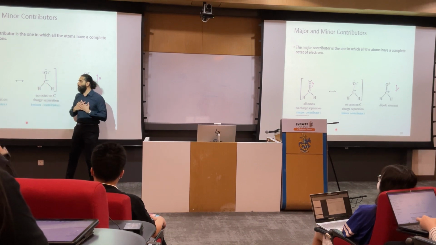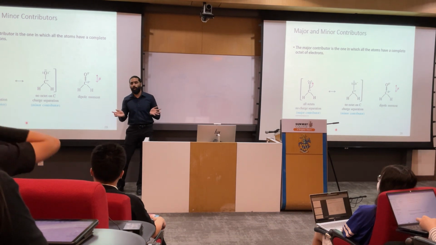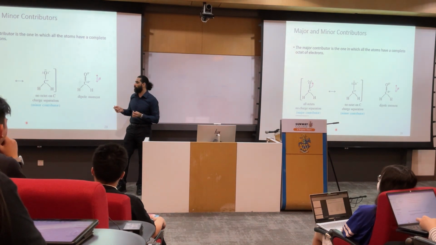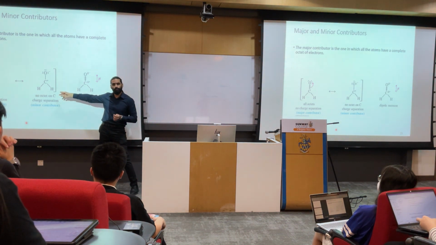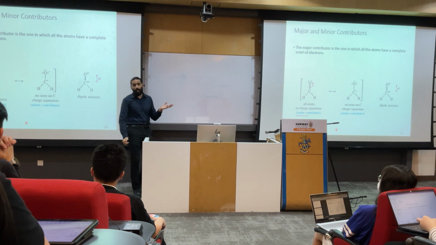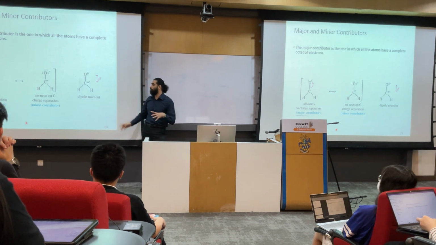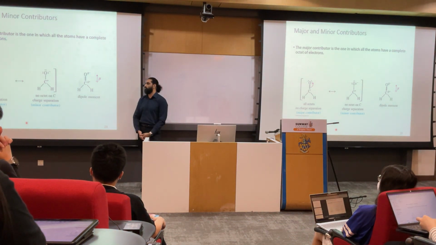So if in an exam or in any other place you are asked to draw the Lewis structure, which one will you draw? The major contributor. In an exam you could be asked to draw the major and minor contributors as well, or to draw all possible Lewis structures.